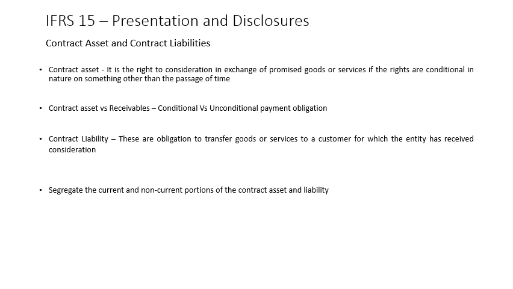The entity needs to provide sufficient information to the users of the financials to segregate balances pertaining to contract asset from receivables. Contract liabilities are obligations to transfer goods or services to the customer for which the entity has received consideration. For both contract assets and liabilities, the entity needs to segregate the current and the non-current portion on the balance sheet.